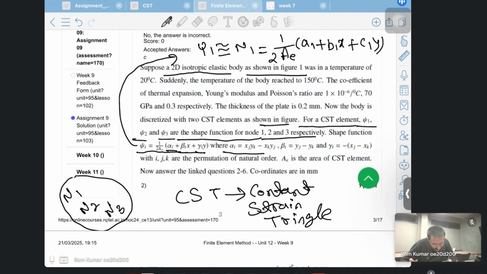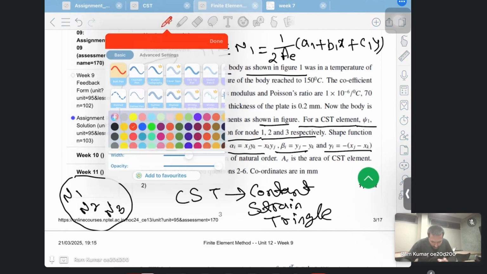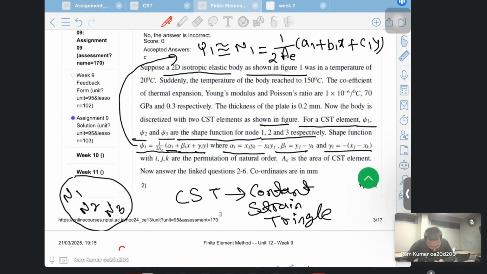They gave that. So what will be A1? A1 will be x2 y3 minus x3 y2. Then B1 equals y2 minus y3.